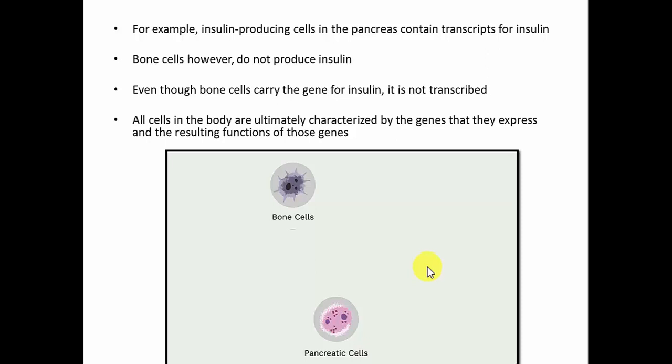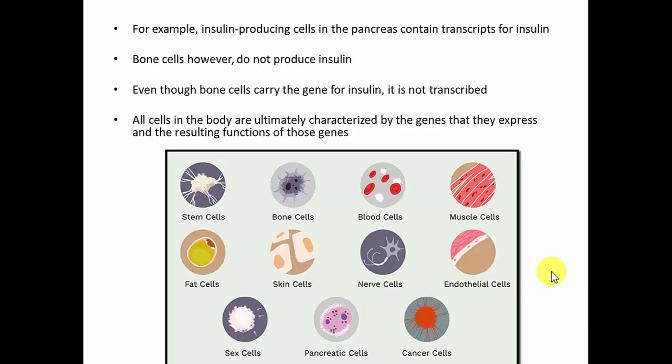So this is ultimately true for all cells of the body. Each cell type in the body, including cancer cells, by the way, will only express certain types of genes. And the specific set of genes that are being transcribed are ultimately what will make up the characteristics. One of the things about cancer cells is that cancer cells often transcribe genes in combinations that are not seen in other cells.